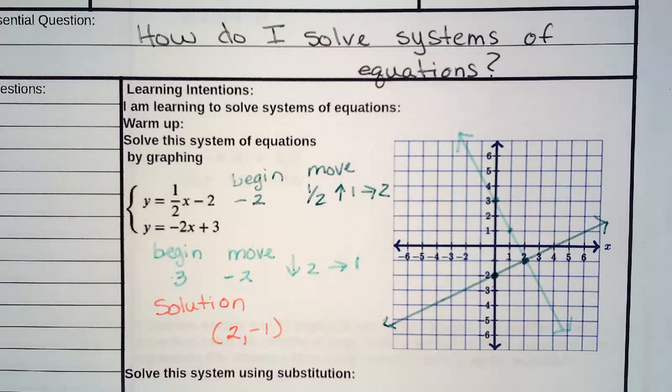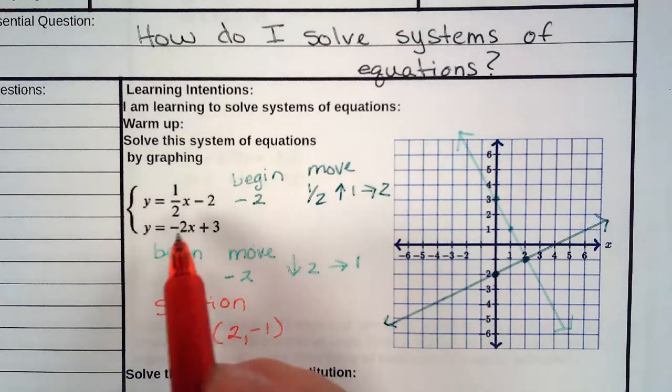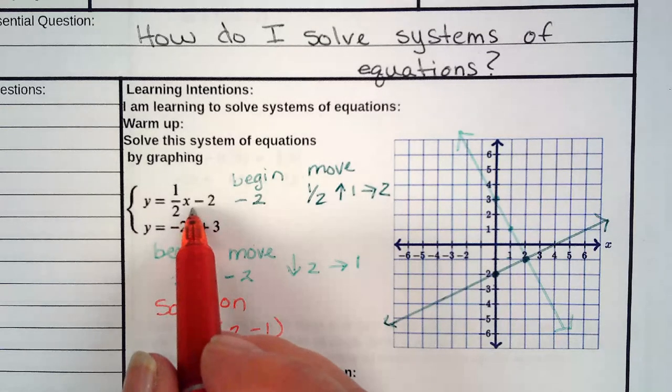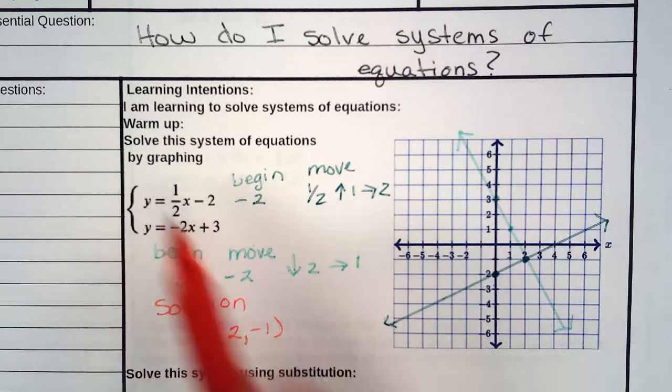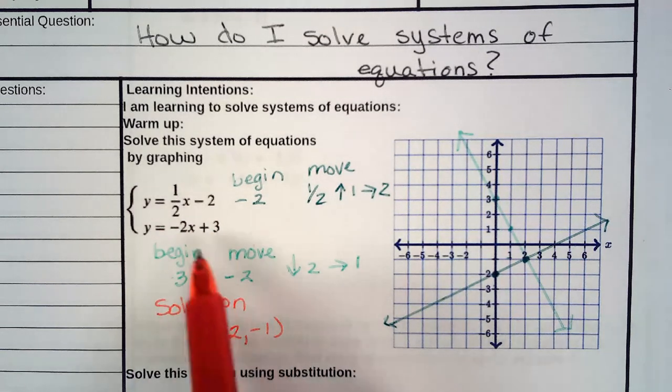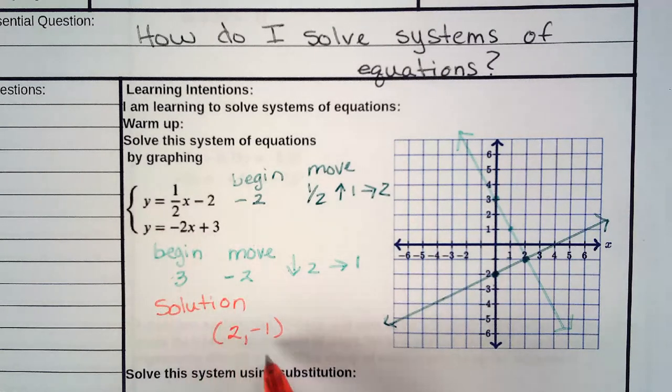I could substitute in and make sure it works on both. 1/2 times 2 is 1. 1 minus 2 is -1. So I've got the 2, -1. -2 times +2 is -4. -4 plus 3 is -1. That's how you check to make sure your solution is correct.